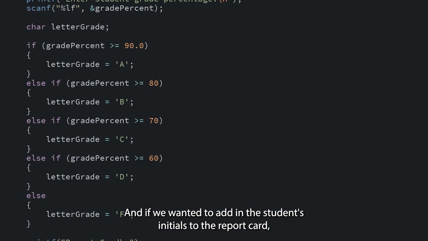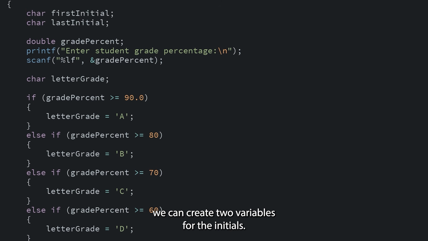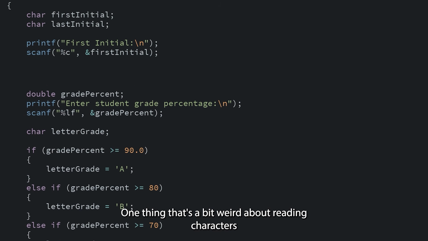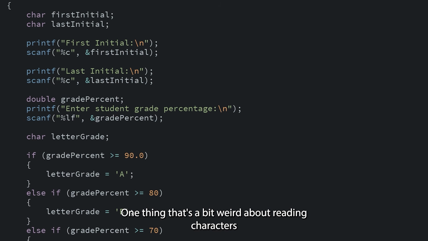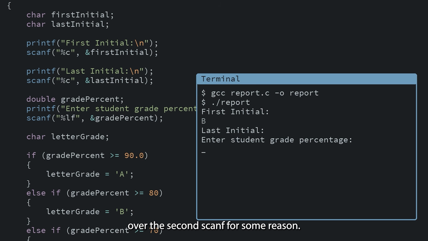And if we wanted to add in the student's initials to the report card, we can create 2 variables for the initials. One thing that's a bit weird about reading characters is if you scan them in with just the %c, it kind of seems broken. It seems like it just skips over the second scanf for some reason.